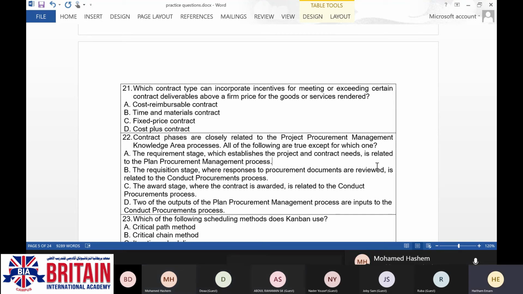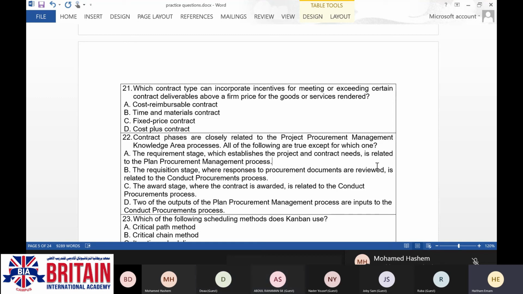Again, this part is a straightforward question. You just need to be familiar with the steps in this process, and you are going to pick the right answers. Yes, as per the answer which has been said right now by Engineer Muhammad, the wrong answer in this is the requisition stage where responses to procurement documents are reviewed is related to the conduct procurement process.